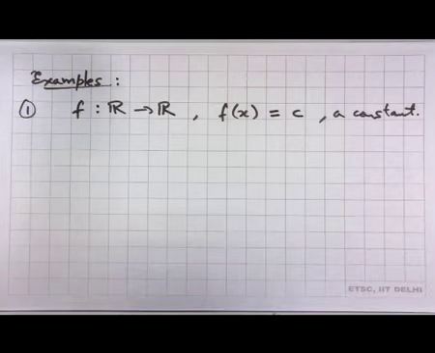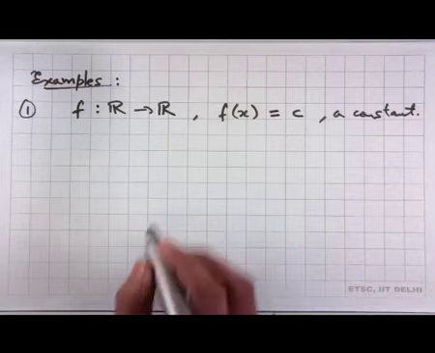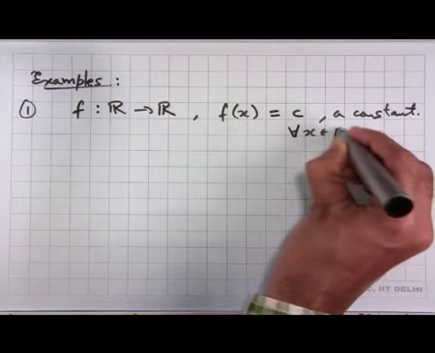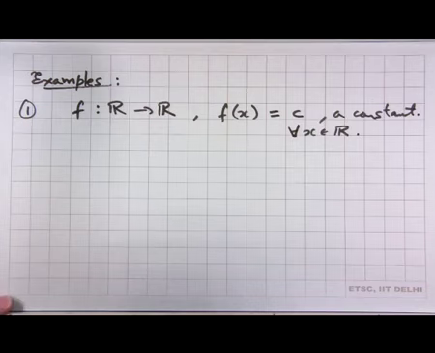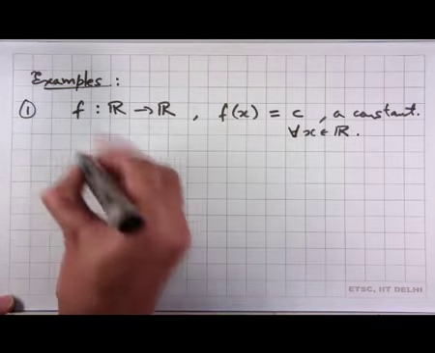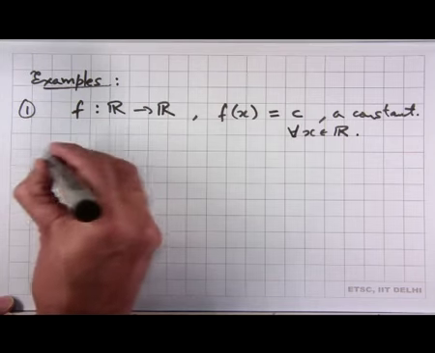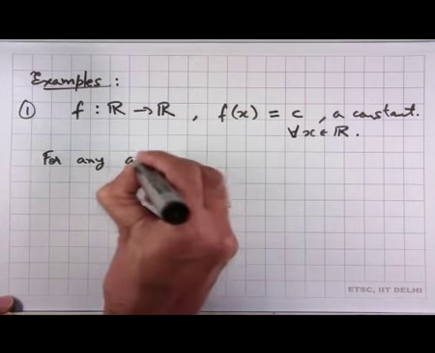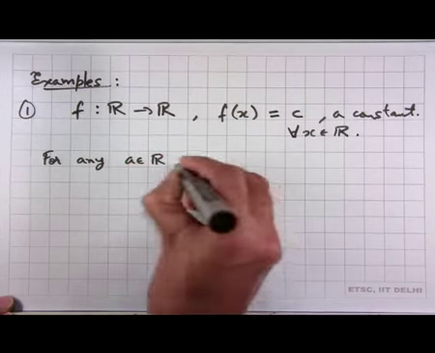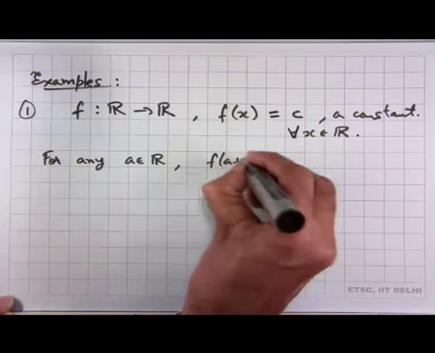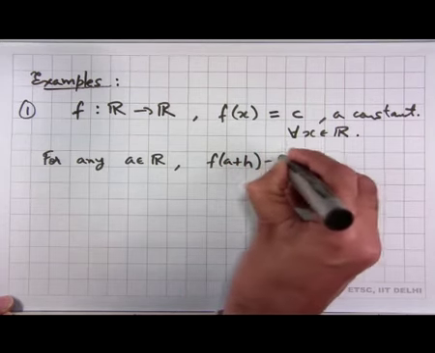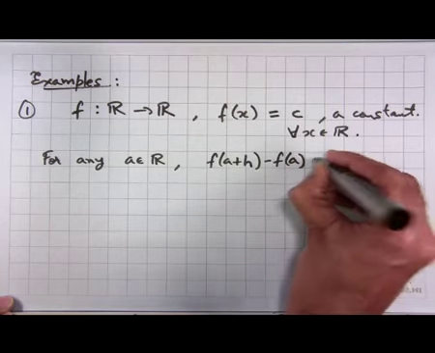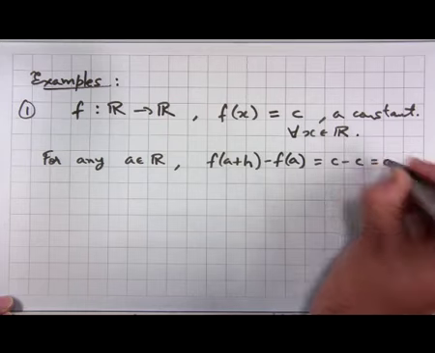So, let us look at the constant function f of x equal to c for all x in R. Now, for any a in R, f of a plus h minus f of a is equal to c minus c, which is 0 for all h.